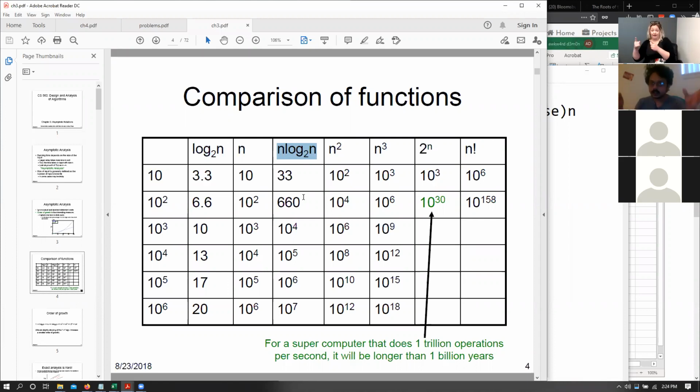But n log n algorithms then have an extra step to combine all of them together into a single solution once again, where log n algorithms do not. So with binary search, the moment I find that solution, I'm done. But n log n algorithms, for example, merge sort or any recursive sorting algorithm, once I've divided that array into smaller and smaller components, I need to join them back again to find the final sorted solution.